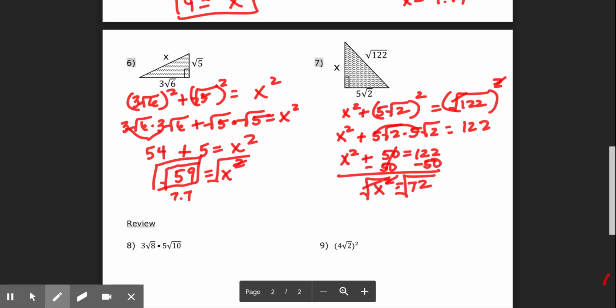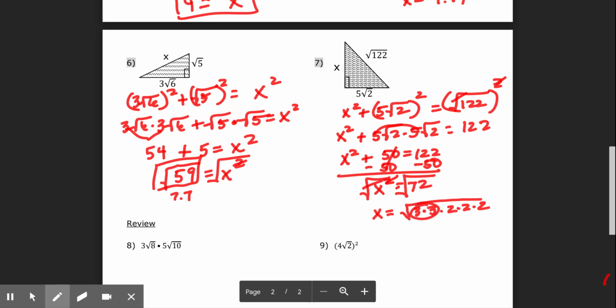Now 72 can actually be simplified, not just to a decimal, but it can be simplified by taking factors of 72. I'm going to choose 9 and 8. The reason, because 9 breaks down into 3 and 3, which are prime numbers. And 8, remember what 8 is? That's right, it's 3 2's.